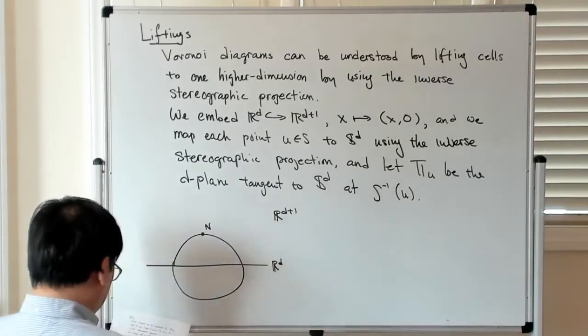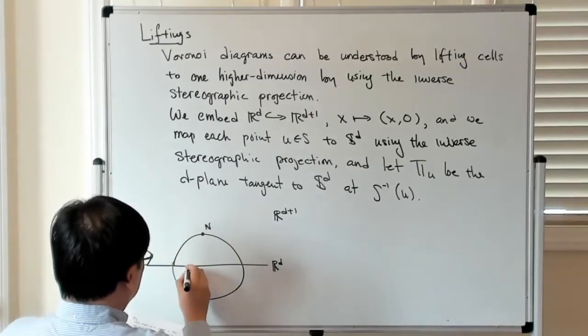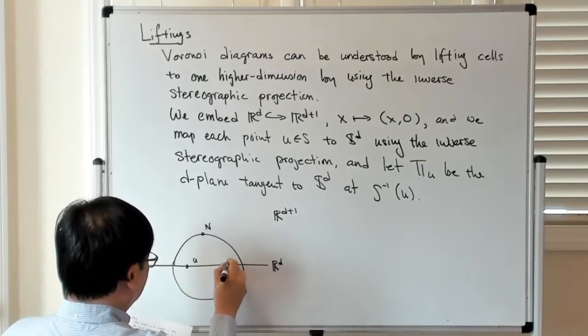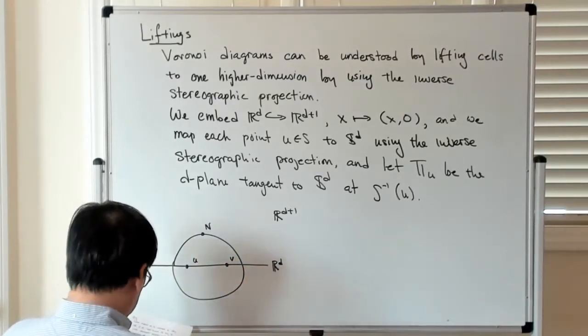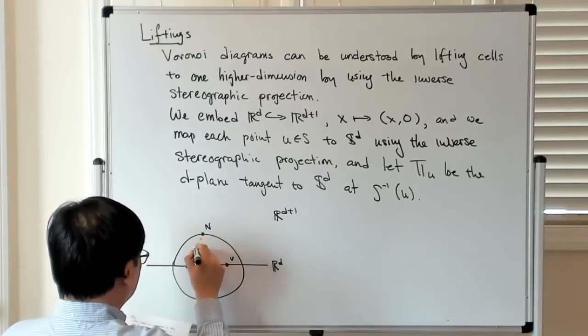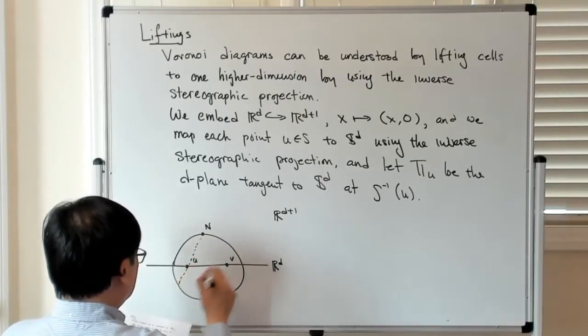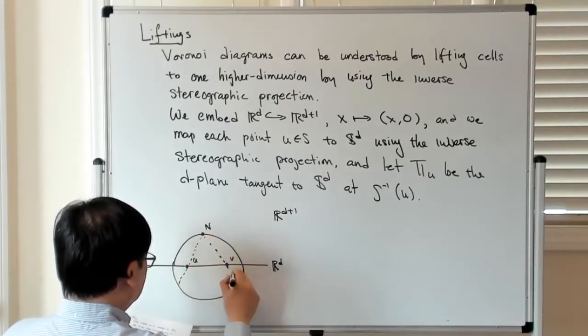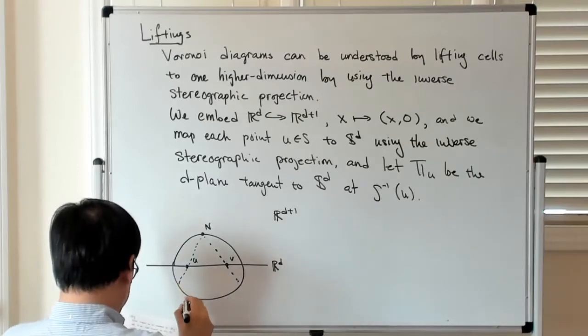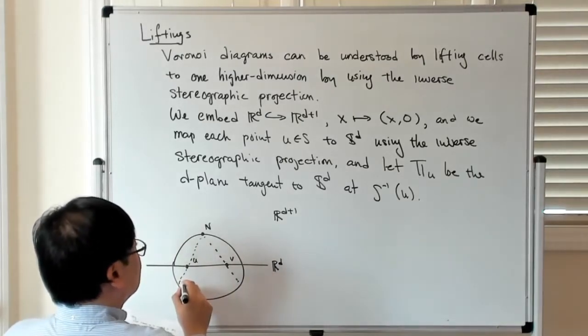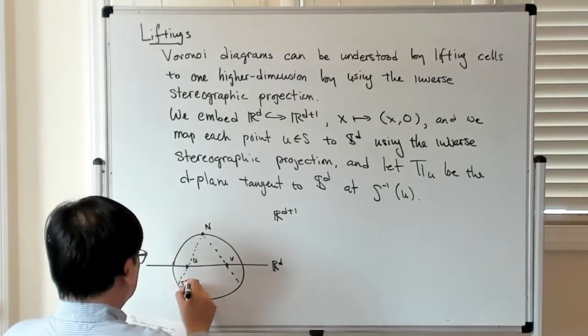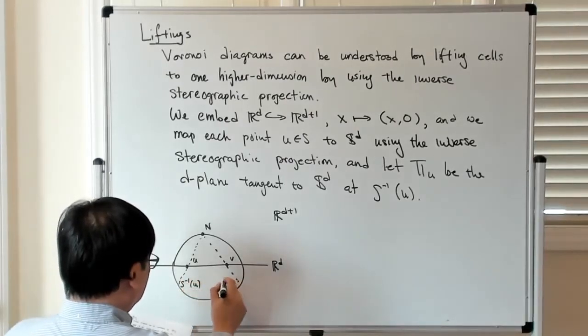All right, so what is going to happen is that if you have a point u and a point v in R^D, these are going to be mapped by the inverse stereographic projection to points, let's call them S inverse u and S inverse v.